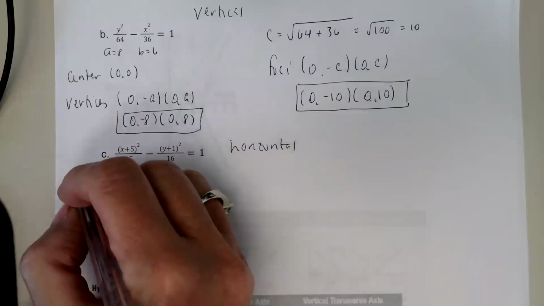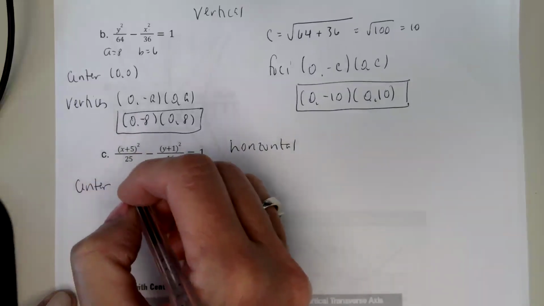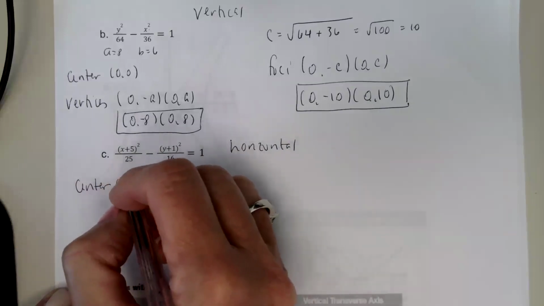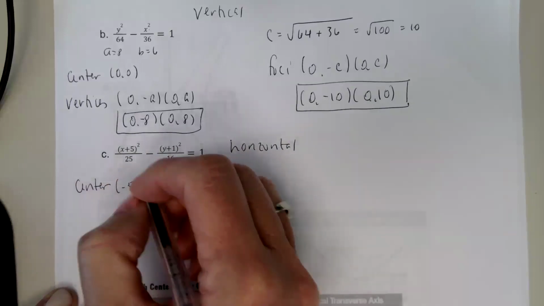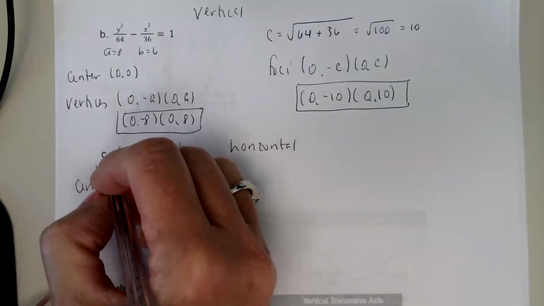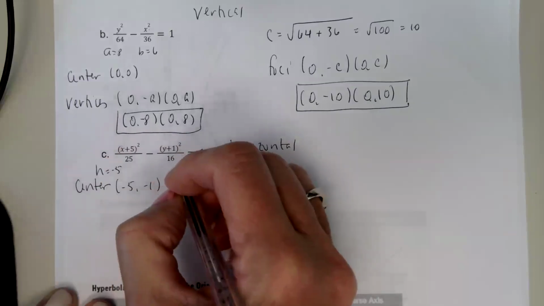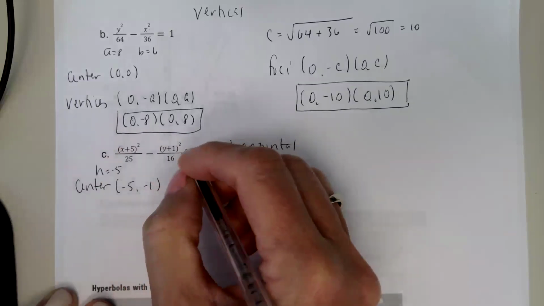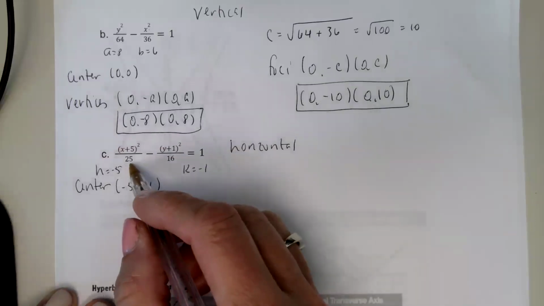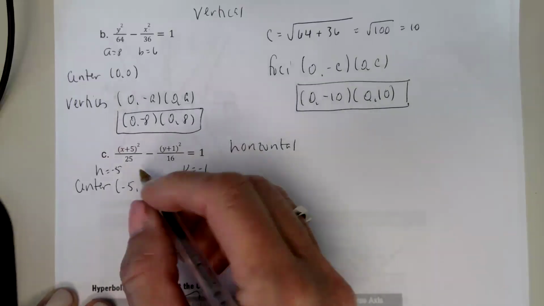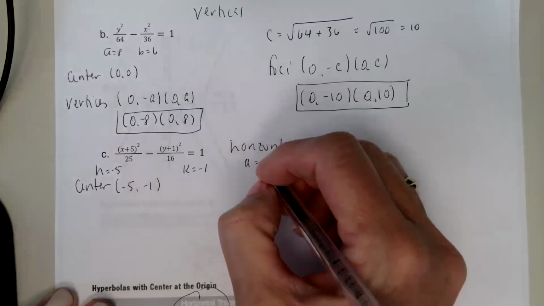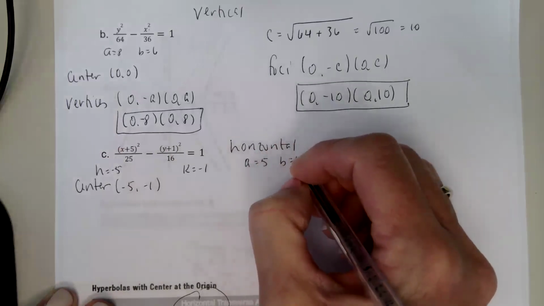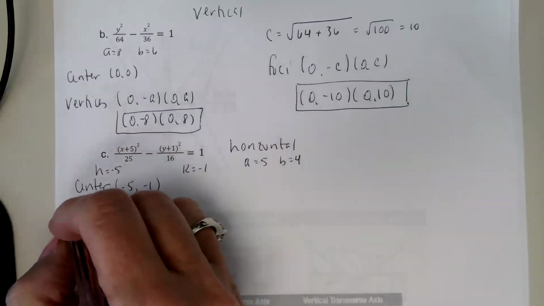And our center is at a negative 5 and a negative 1 because h is a negative 5 and k is a negative 1. And our a is equal to 5 and b is equal to 4.